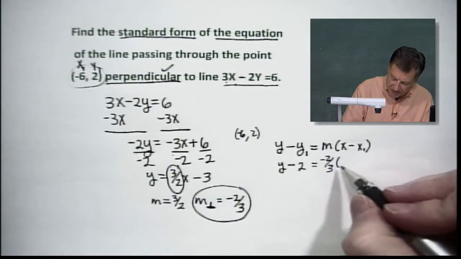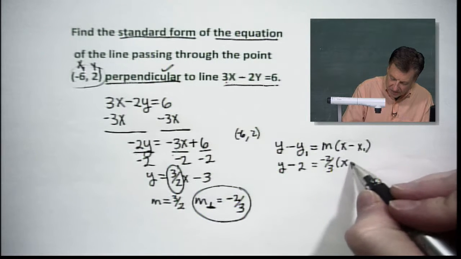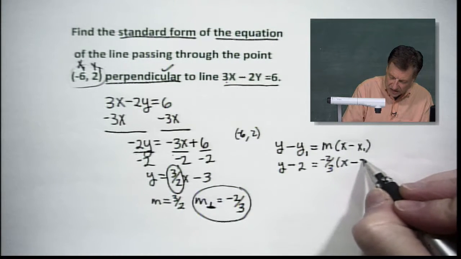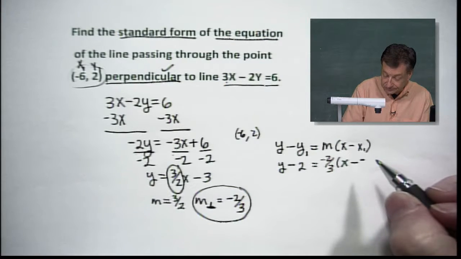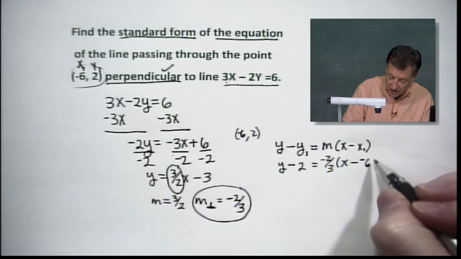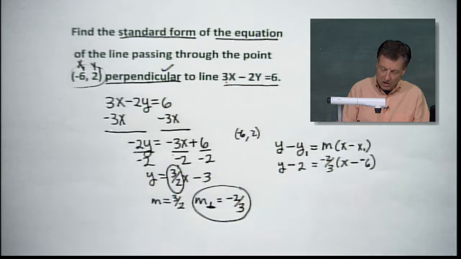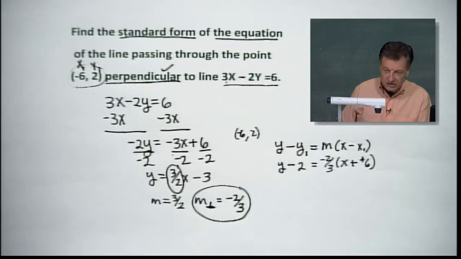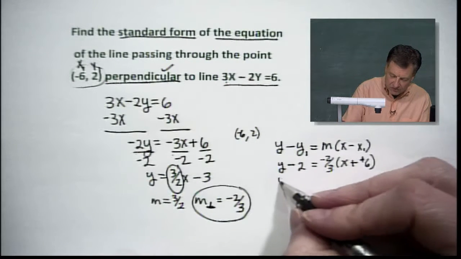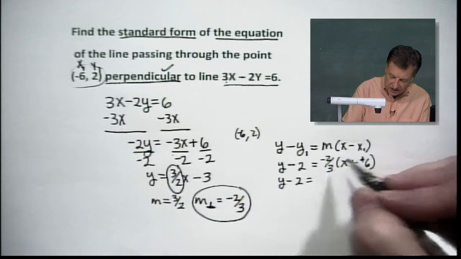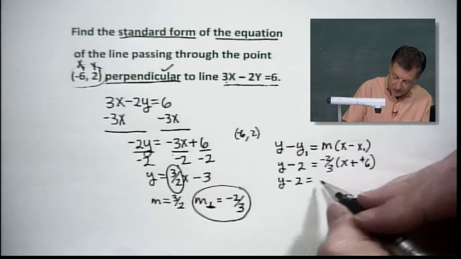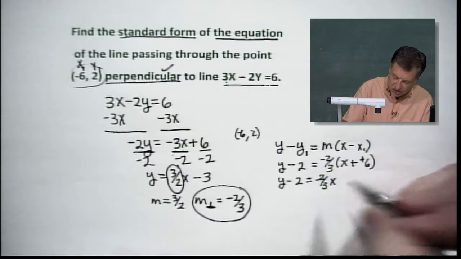And let's flip out here a little bit. We're going to have x minus, you see what I see? I'm seeing minus a negative 6 right there. Okay, everybody good? And by the way, what happens when we do it? We go plus the positive, because we add the opposite there. So here we have it. We've got y minus 2 equaling a negative 2/3 times x, which is good.